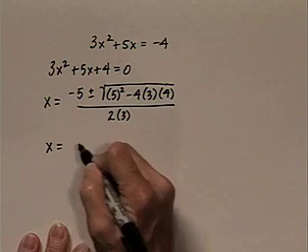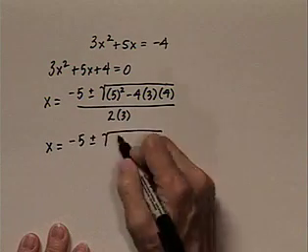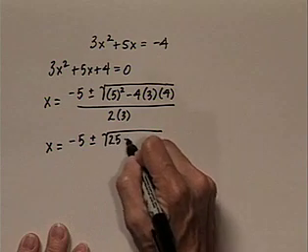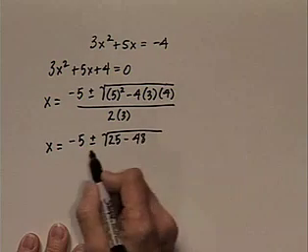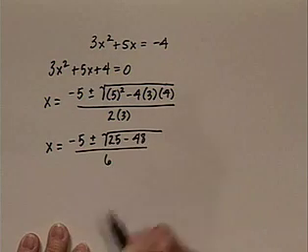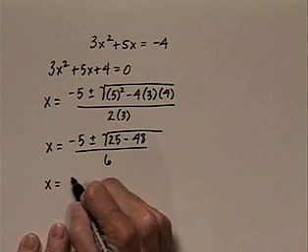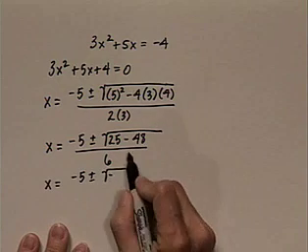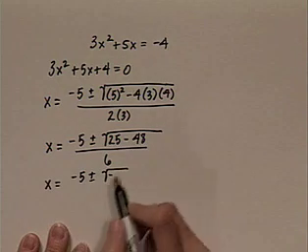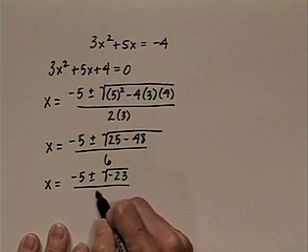Continuing, we simplify the numerator: negative 5 plus or minus the square root of 25 minus, now this is 12 times 4, which is 48, all divided by 6. Continuing by doing the subtraction in the radical, we have negative 5 plus or minus the square root of negative 23, divided by 6.